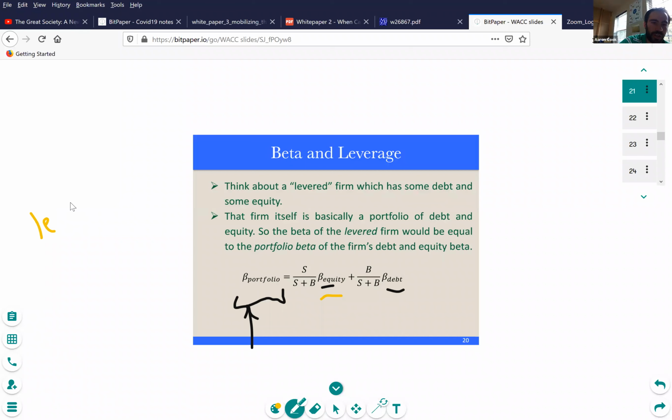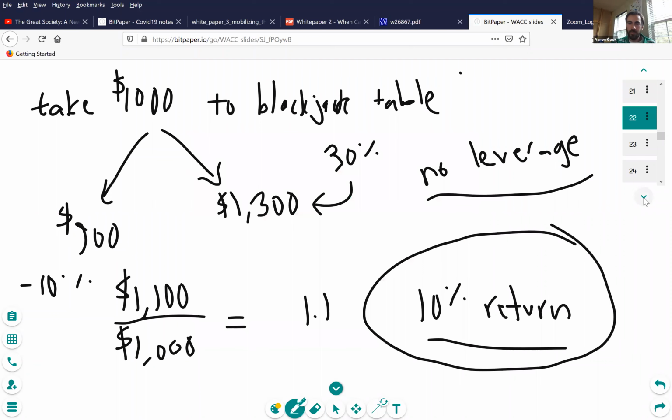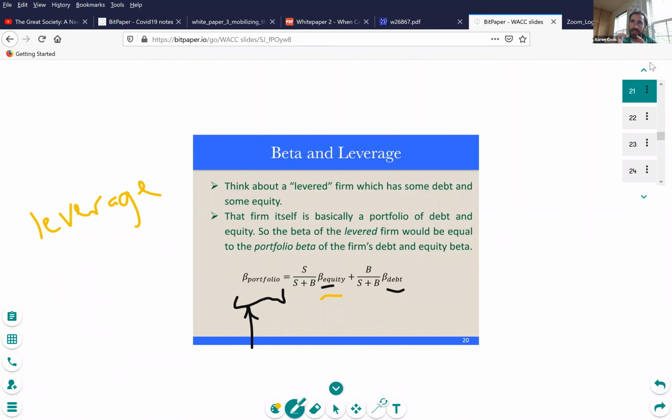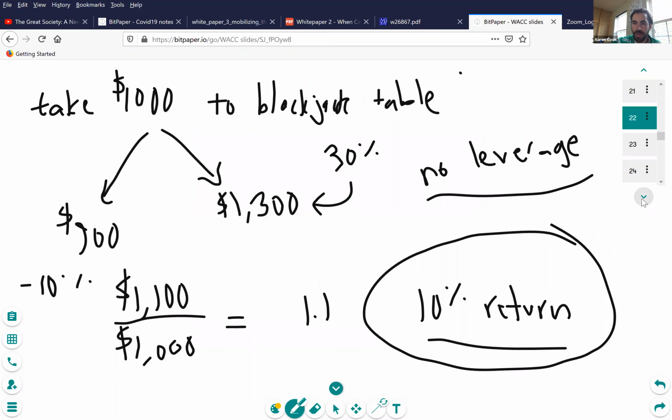That depends critically on the amount of leverage that this firm is taking on. It's kind of a difficult thing to intuit at first, but I think this blackjack example, where your mean returns actually increase, but your variance also increases as you take on more leverage, is the principle behind this idea that you can affect your equity beta by taking on more debt.